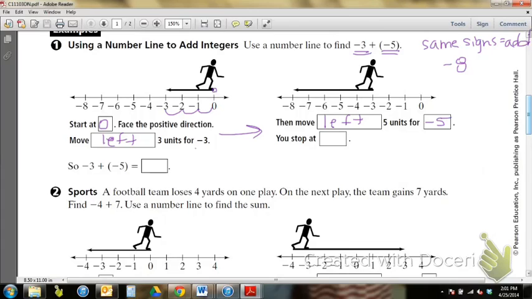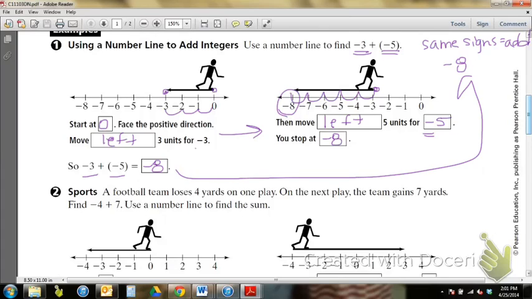So from that negative 3, I'm going to go 1, 2, 3, 4, 5 more spaces to the left, because that's where negatives are. And I stop at negative 8, which means that negative 3 plus negative 5 is negative 8, which you see is the same answer we got just by using the rules that I showed you above.